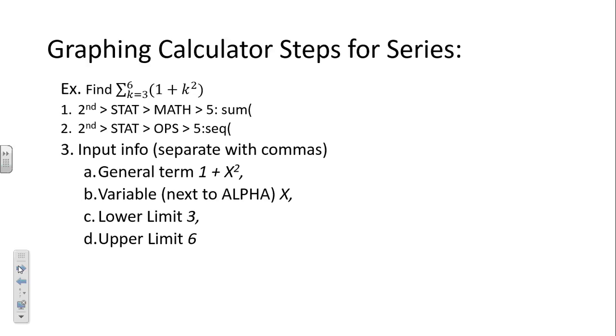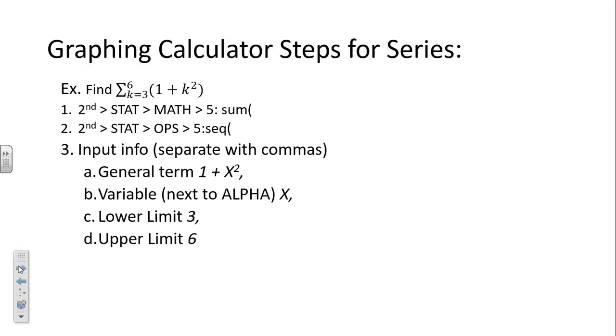And now we're putting in our stuff. Okay, this was 1 plus x squared or 1 plus k squared in our example. We don't have to use that specific variable. We can use any variable. So we put in 1 plus, the x is the X,T,theta,n button on your calculator if you want to use that shortcut. And then you use your squared key.